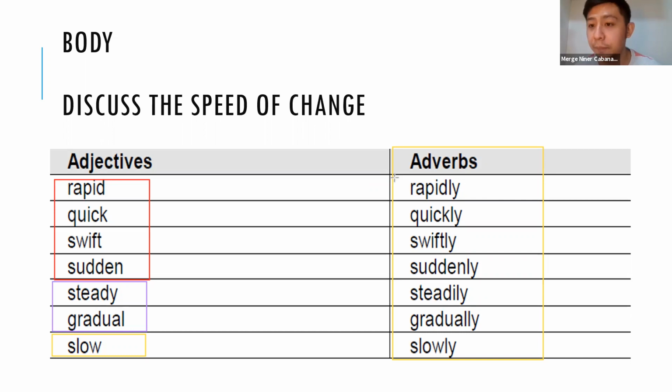Their meanings are the same, but you can only use adverbs for an adjective: rapidly increasing, quickly declining, swiftly dropped, suddenly fell, steadily inclined, gradually reduced, slowly increasing. So that's how you can use adverbs for the discussion of the speed of change.